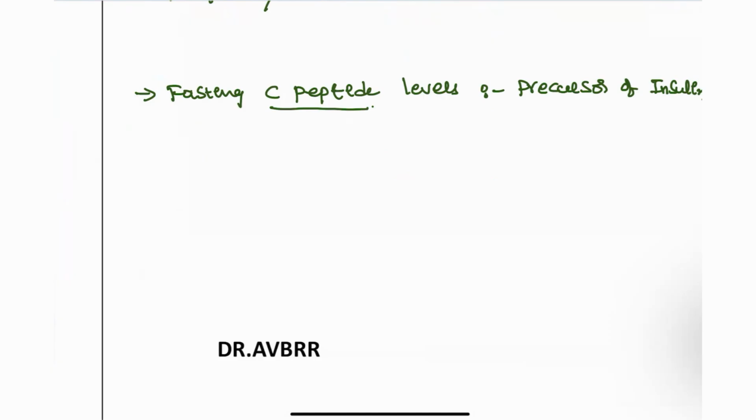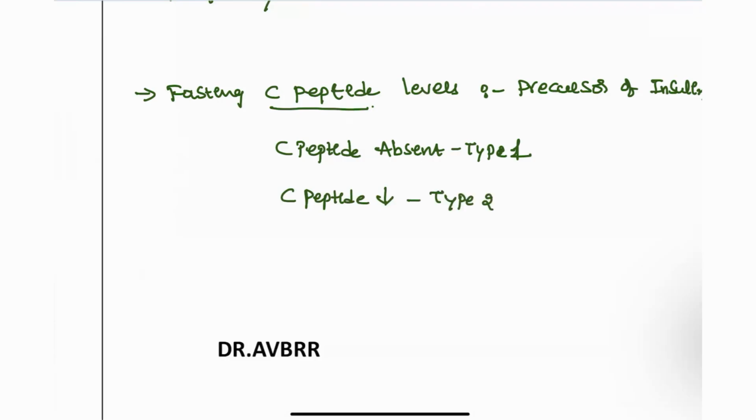If the C-peptide is completely absent, then it is considered type 1, right? And if the C-peptide levels are low, then it is type 2, right? So this will help us to differentiate between type 1 and type 2 diabetes mellitus.